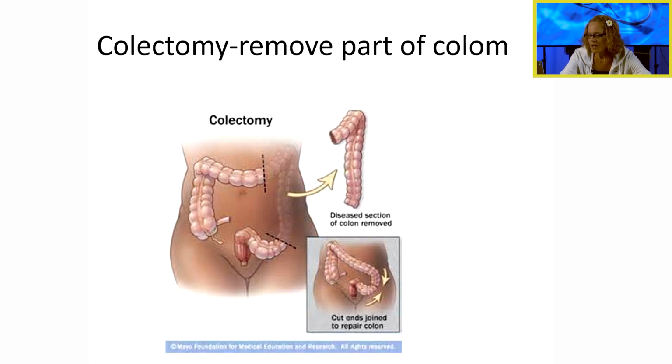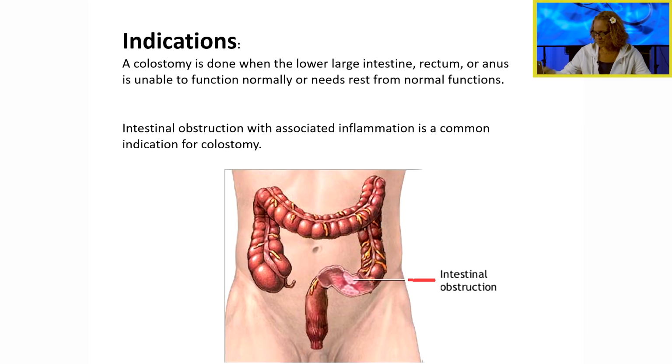And so colostomies can be permanent or they can be temporary. So they're done when the lower large intestine, the rectum, anus, is unable to function normally or needs rest from normal functions to heal. Sometimes an intestinal obstruction with an associated inflammation is a common indication for a colostomy.